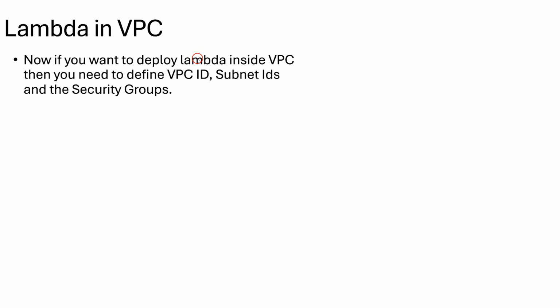Whenever you are creating a Lambda, you need to specify the VPC. If you specify a VPC, then the Lambda configuration will ask for your VPC ID and the subnets where you want to deploy your Lambda, and you can also attach security groups to your Lambda. That is how you configure a Lambda within a VPC.